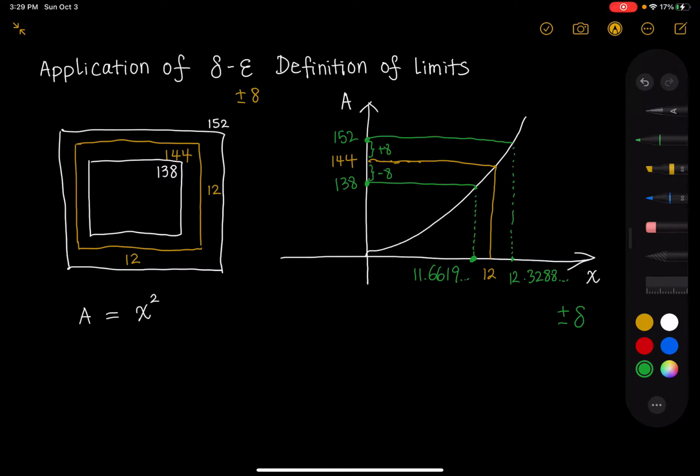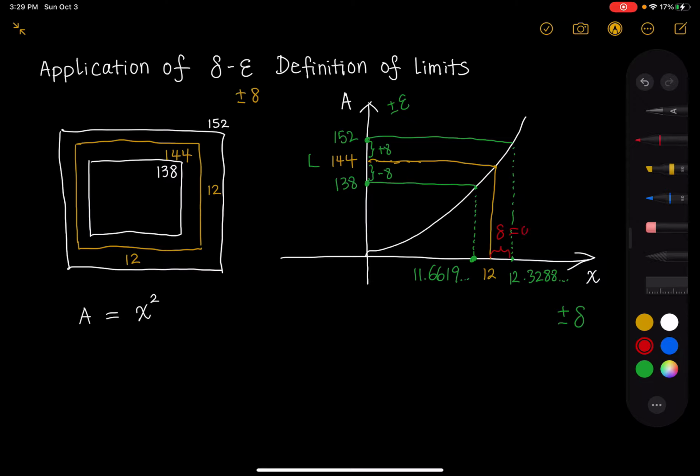So as long as we're within delta from x, my limit will be within plus or minus epsilon from L in this case. So then we use the delta-epsilon definition to understand this. But just by looking at the graph, you'll be able to see how long this delta is.